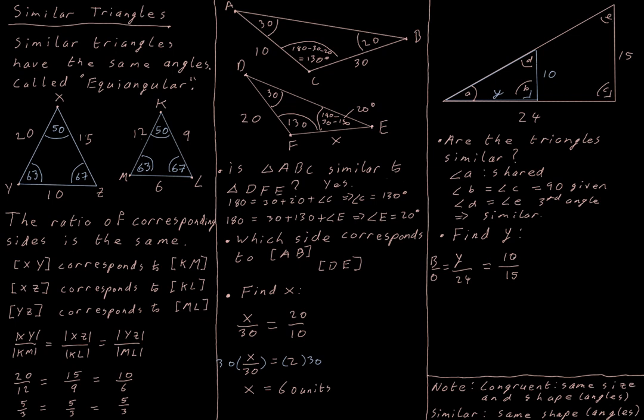So I can simplify my fraction here. I have a common factor of 5. I can divide above and below by 5. And y all over 24 is equal to 2 all over 3. And I can multiply both sides by 24 to get y by itself. 24 divided by 24 is 1.